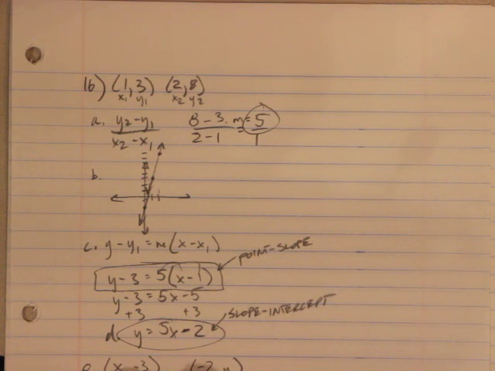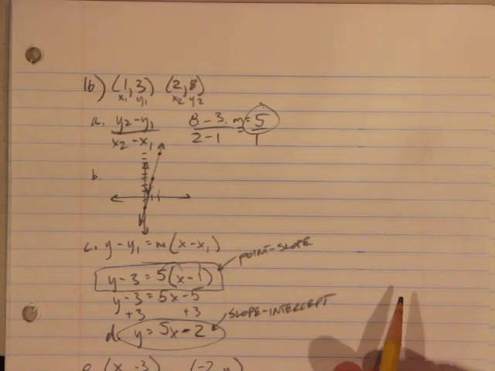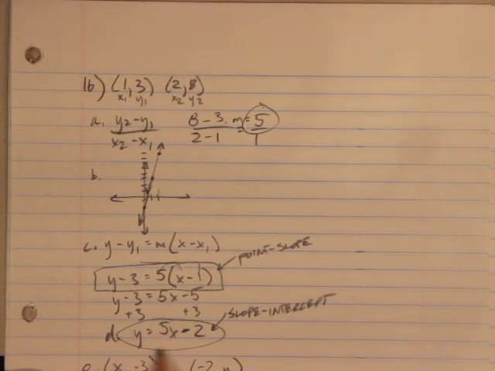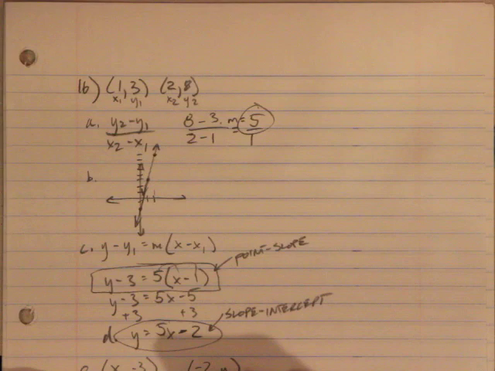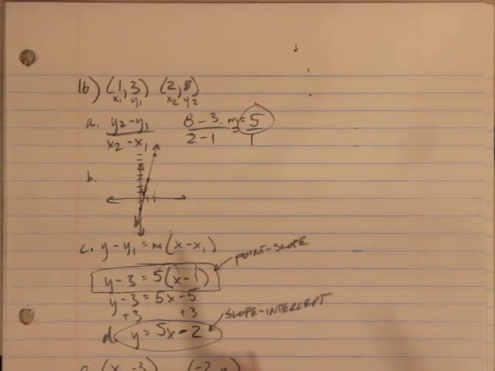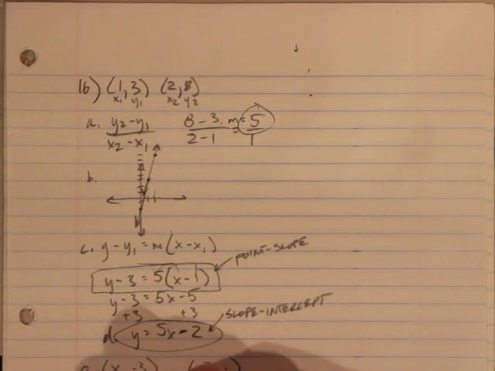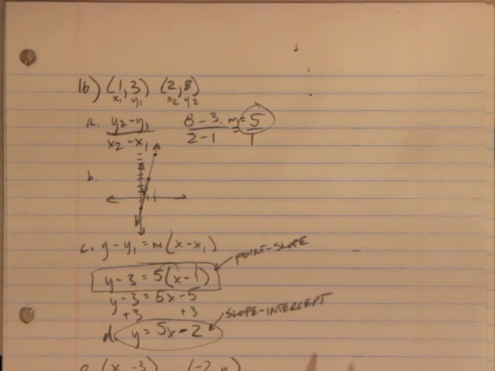So all I'm going to do is plug in this value for y, plug in this value for x, and find out what y equals and what x equals. And I'm going to use my slope-intercept form here to do it. y equals my slope, sorry, 5x minus 2. I'm going to plug negative 3 in for y, and then I'm going to solve for x.